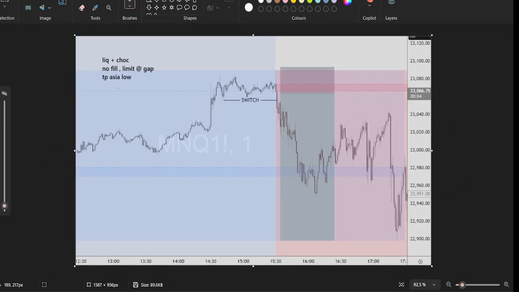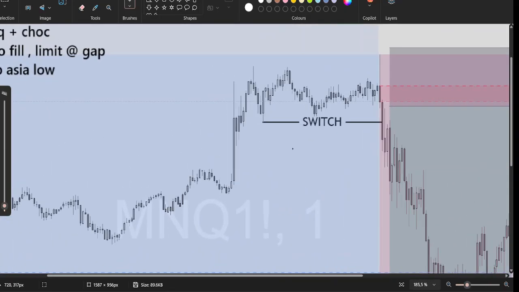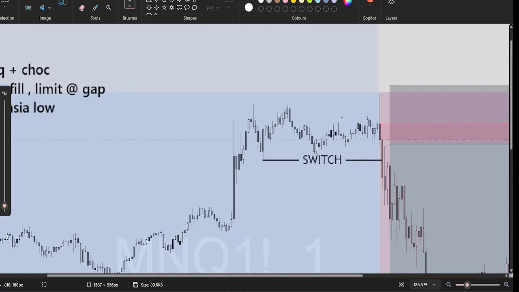This one. Target is Asia low, not visible on the chart, but I promise it's here. That's why the target is there. And so if we look, red is New York session, blue is London, right? And we go, boom, boom, boom, we try to go up. The top is really here, right? And we are here.